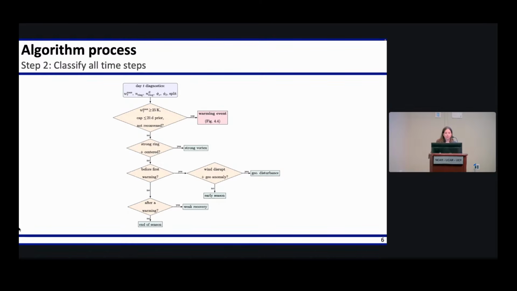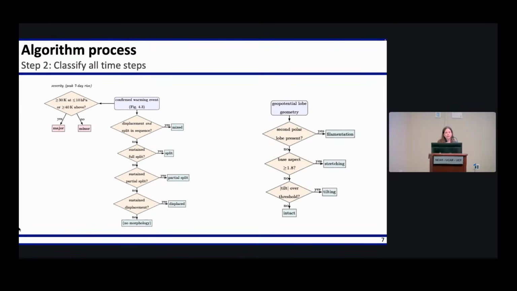We also identify other states in here when we have a strong connected vortex, when we see geopotential disturbances, and the early and weak season, which we don't really count in classifications. They're early forming or they're already taken apart. There's a separate sequence to identify a warming, whether it is major or minor, and the type of geopotential disturbance.